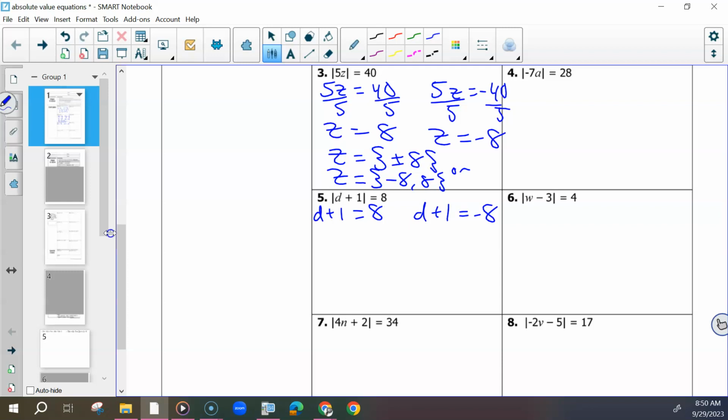Subtract 1 on both sides to both equations. So this would be a case where the numbers are not the same, and that's okay. So then least to greatest in curly brackets, -9 and then 7. Here we could not put plus or minus because the numbers are not the same.